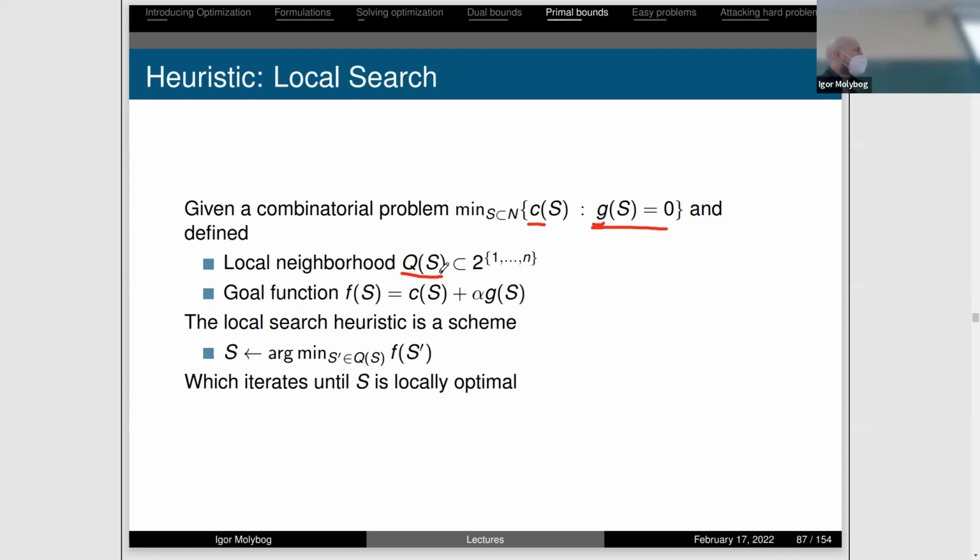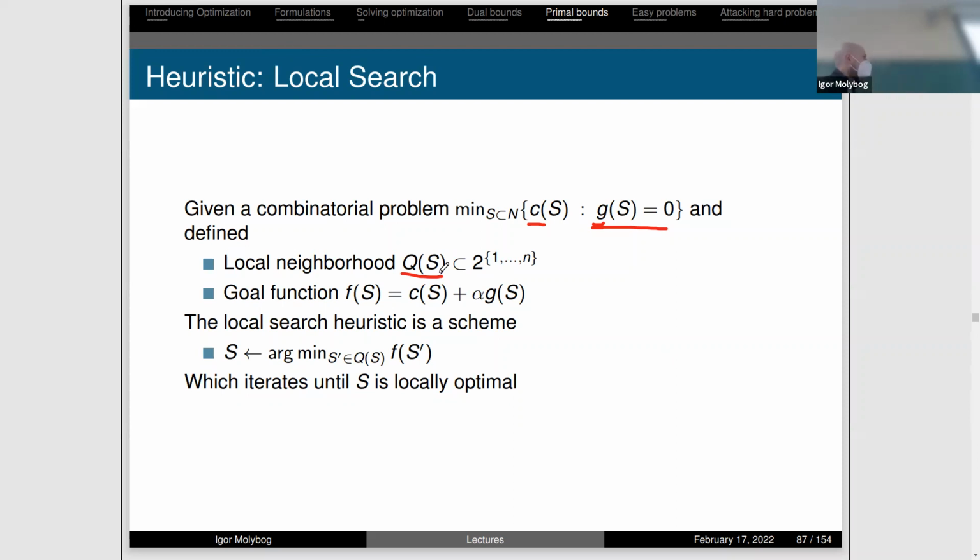We would need to define a local neighborhood of a subset of points. For example, if we have a subset that consists of 3 points, this one, and let's say this one, we can define that a local neighborhood would be any subset on the grid such that it differs from this subset in 1 point.